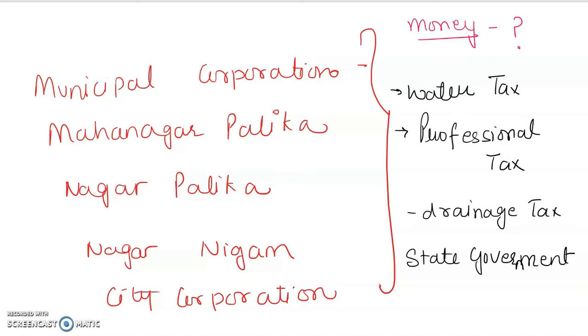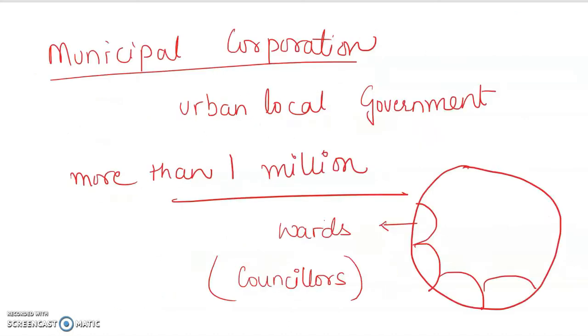As I told you, we divide the city into sections called wards, and a representative is chosen for each ward by the people, who is known as the councillor, or you can also call them the corporator. They are elected for a period of 5 years.